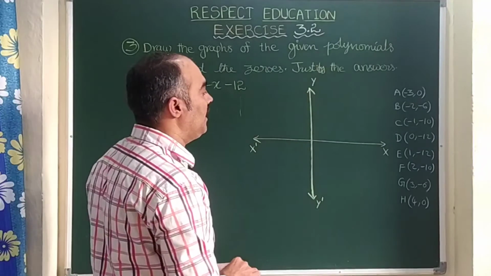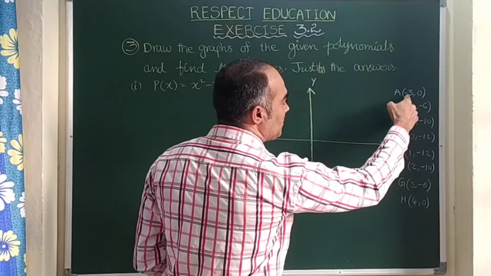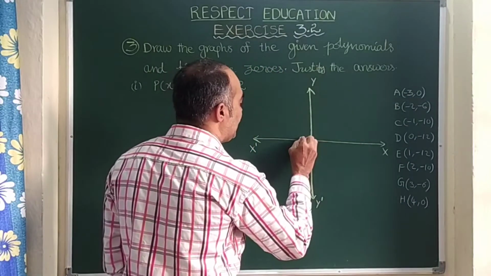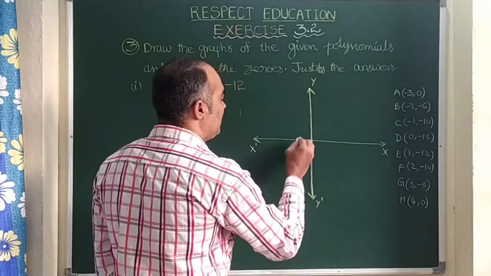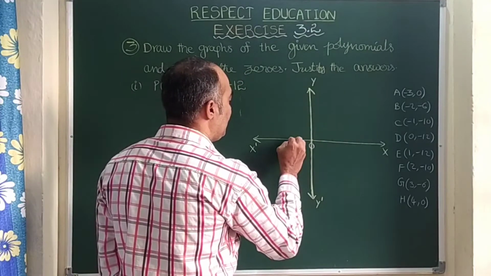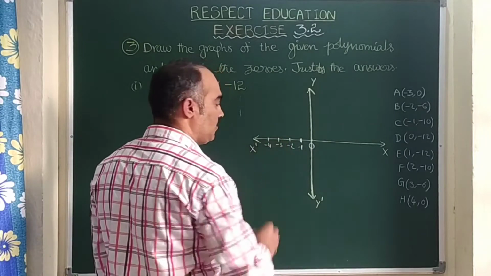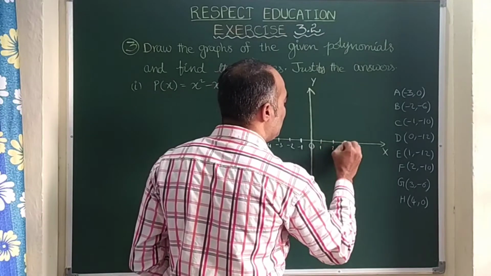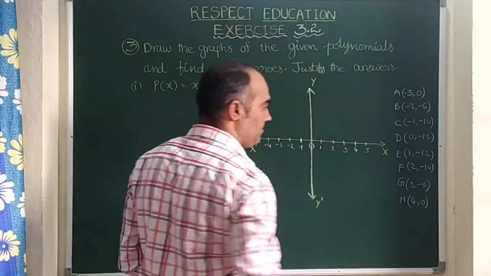Now first let us plot the points. Here you see x starts from minus 3 to plus 4. So here I am taking this point as the origin, called O, 0 comma 0. This is minus 1, here it is minus 2, minus 3, then minus 4, and here positive, it is 1, 2, 3, 4 and 5.